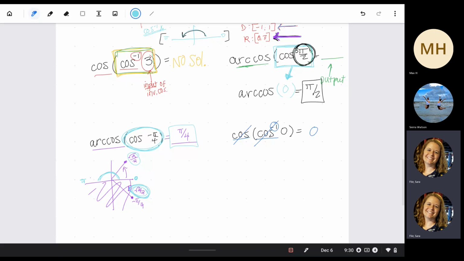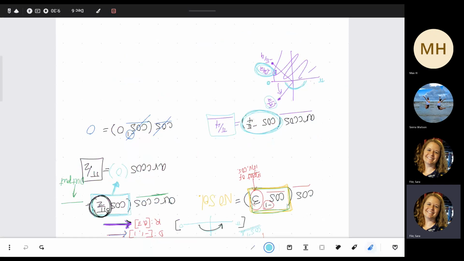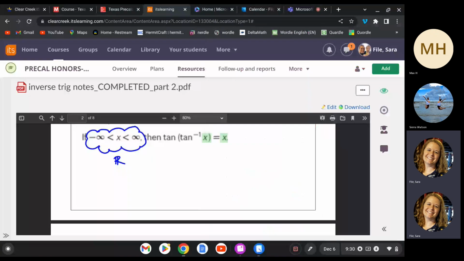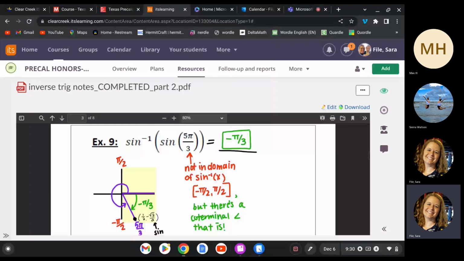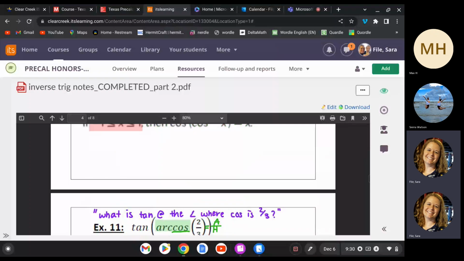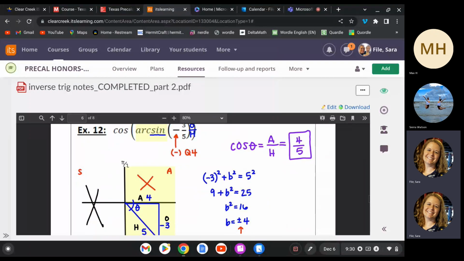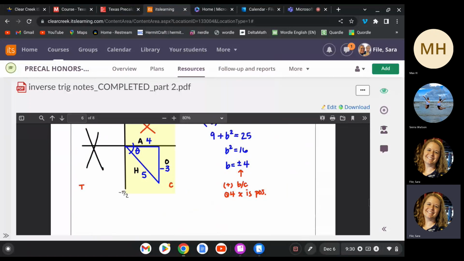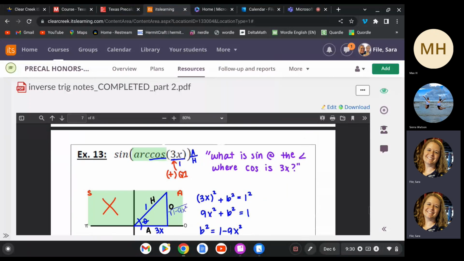And then there was some on the reviews and the practice where we practiced doing this with variables, like this one, where you had 3x as your input instead of just a number.